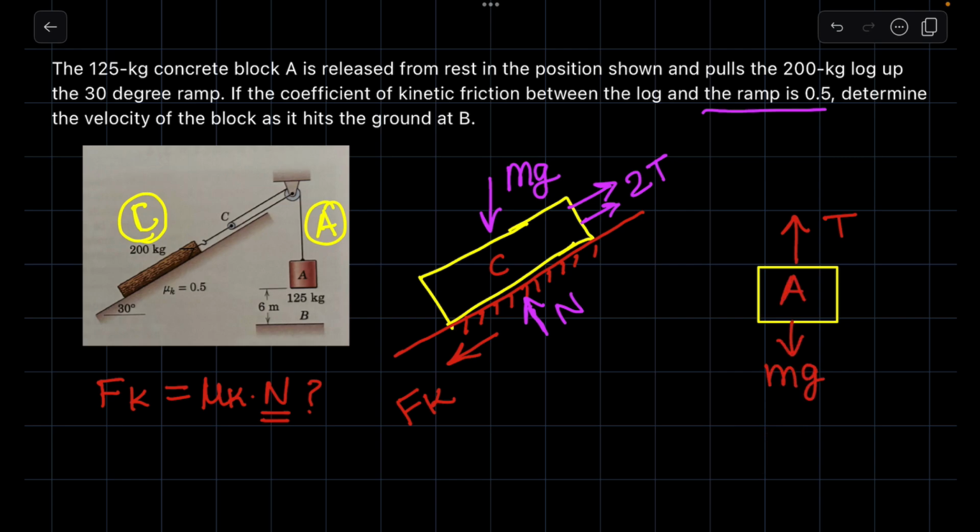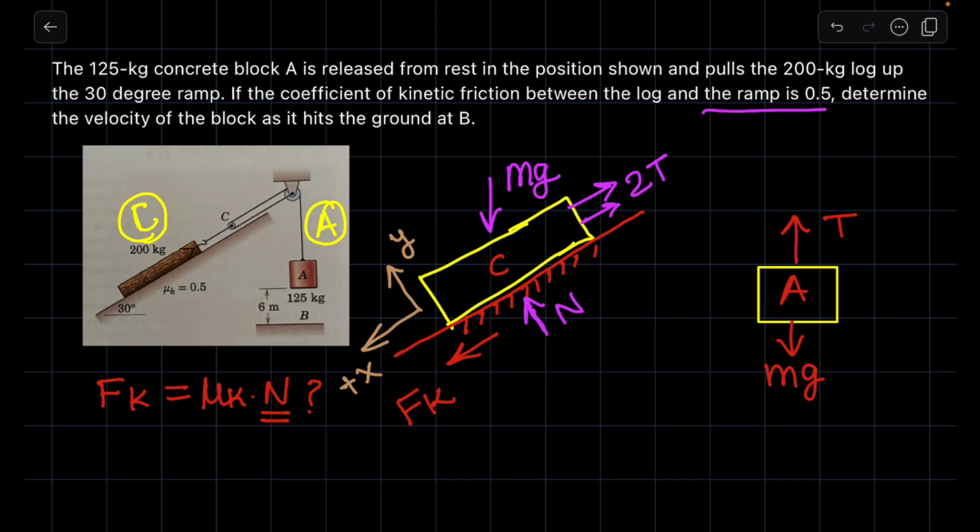There is no normal force because there is no contact surface here. Now we have to choose a proper coordinate system. Because the motion is linear, we can use x and y coordinates. In this problem, we can choose x positive in this direction. You can choose another direction also, it's not a problem.